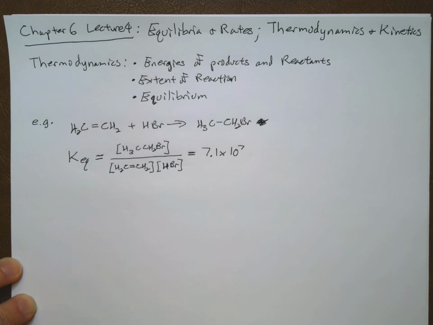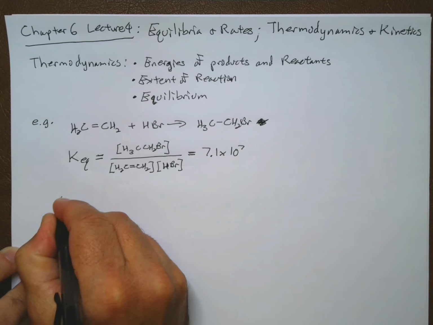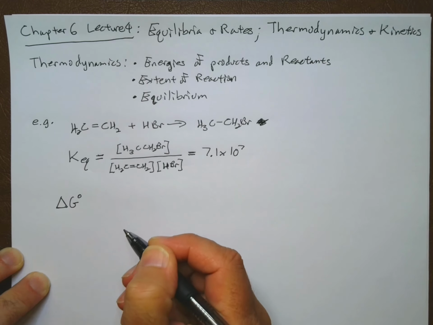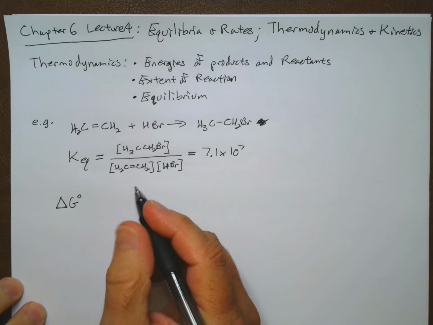Now we can convert that into an energy associated with the reaction. And the way that that's related is by delta G, or we'll call it delta G naught, assuming we're at standard conditions.